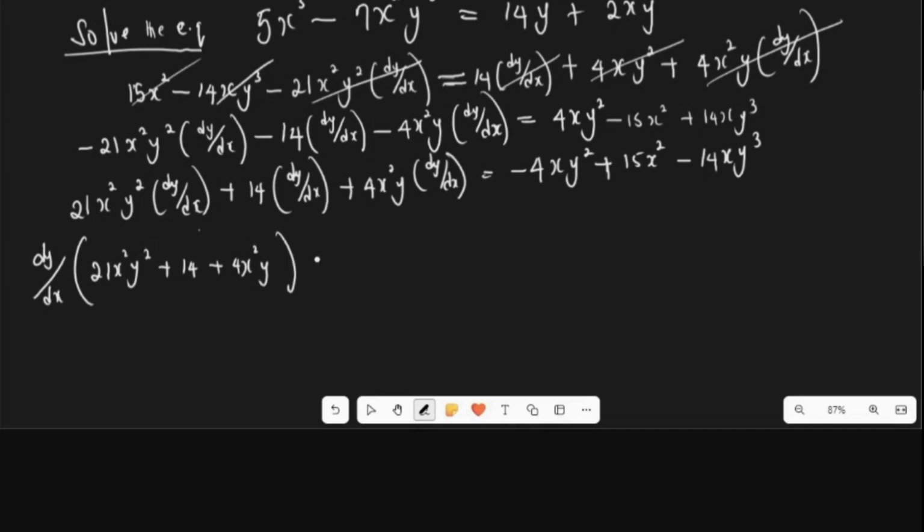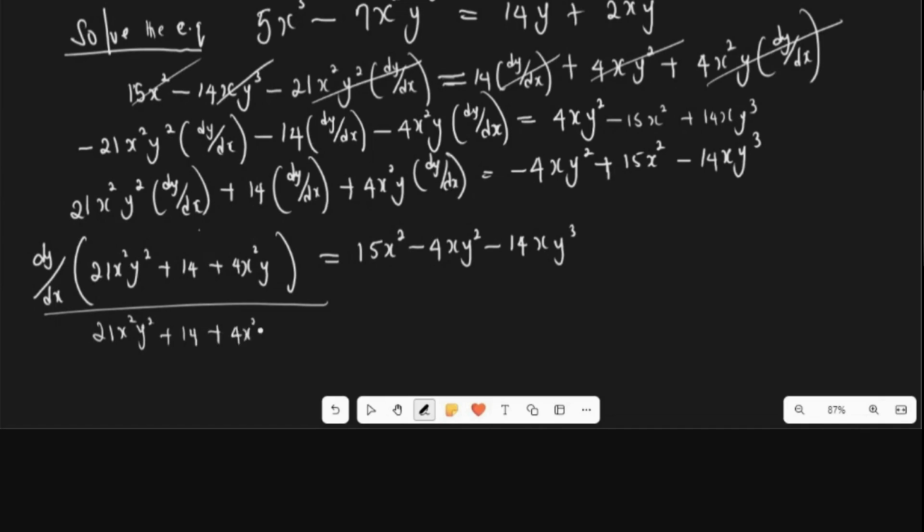Close my parenthesis, equals 15x squared minus 4xy squared minus 14xy to the power of 3. So divide both sides by 21x squared y squared plus 14 plus 4x squared y. And then the same thing here.